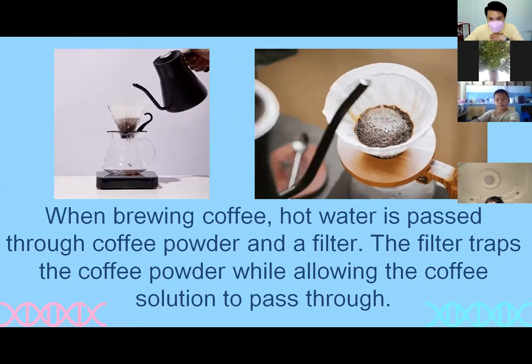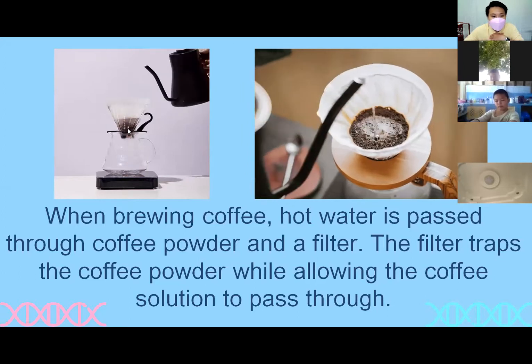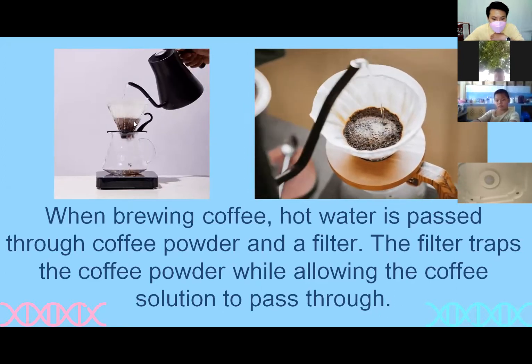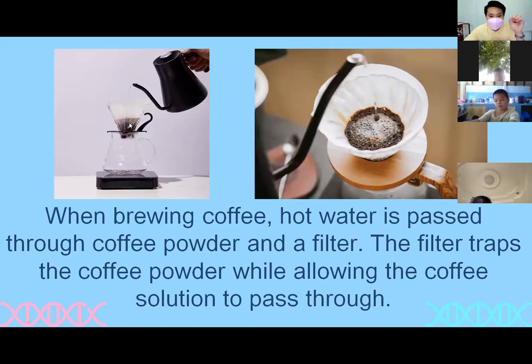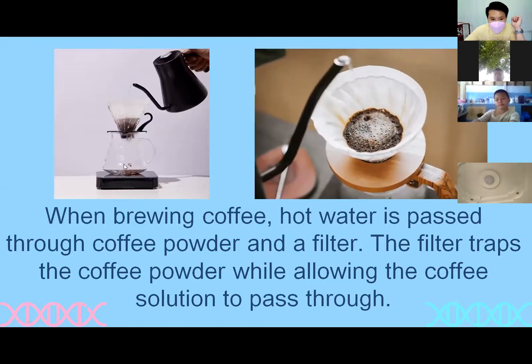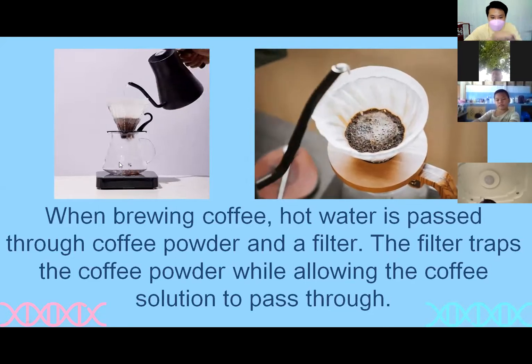After that, the mixture of coffee and water goes down. And then the solid particles of the coffee will stay here. Okay? The solid or big particles of coffee stay here. But the color, together with the water, are mixed together.